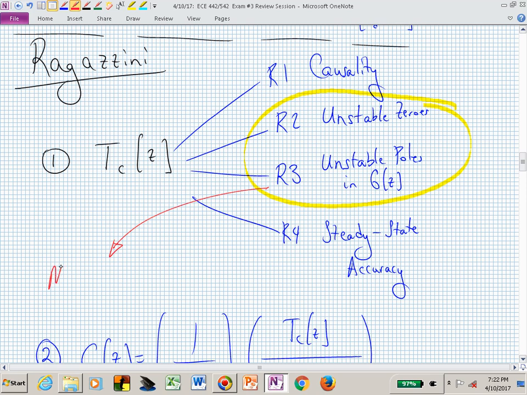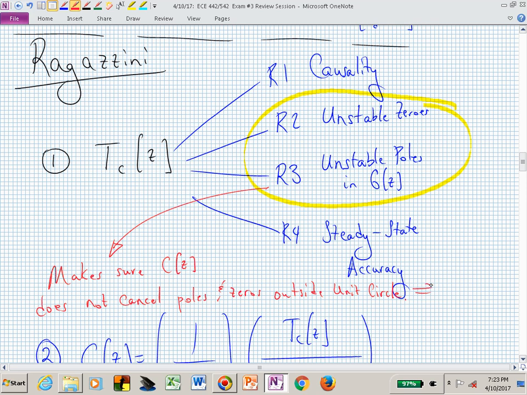So this makes sure our resulting controller C of z does not cancel poles and zeros outside the unit circle.